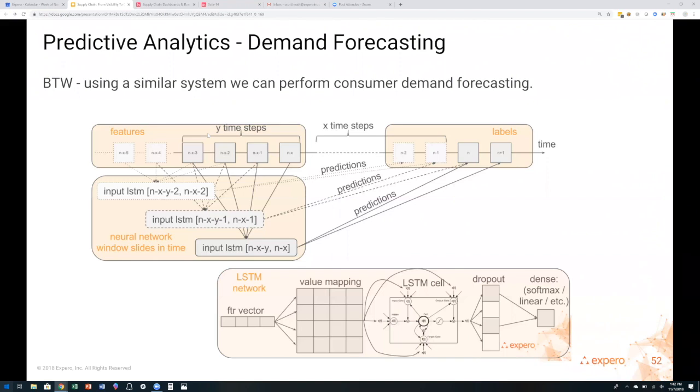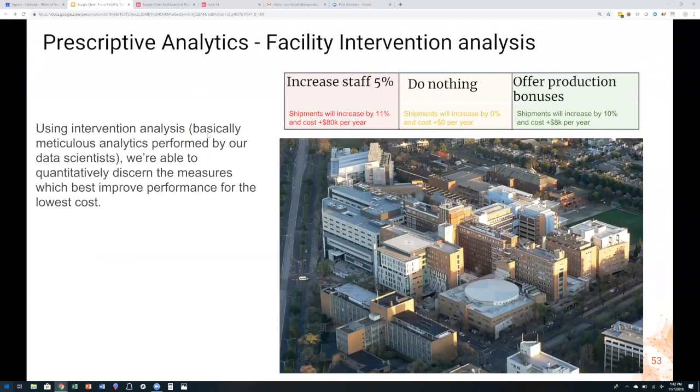Once we have these characteristics at each network node, or let's say again, in this case, we were talking about facilities in Scott's demo, we can actually perform automated intervention analysis using another set of predictive analytics techniques. And we can recommend actions to our users as scored, as stack ranked again, by their total cost to the business.